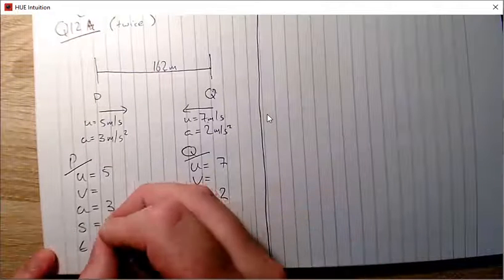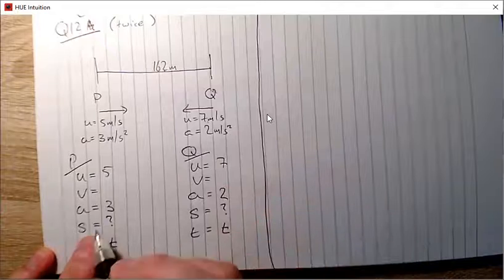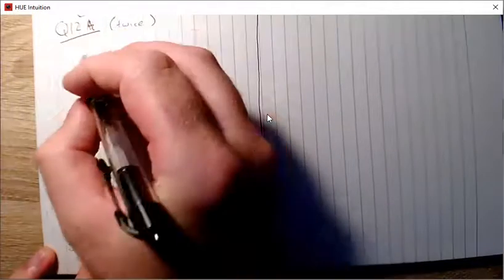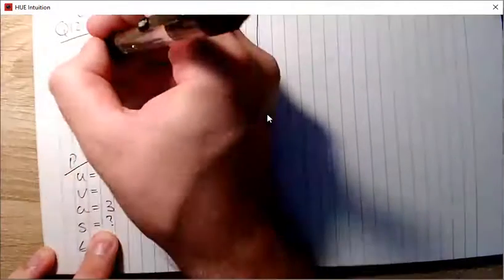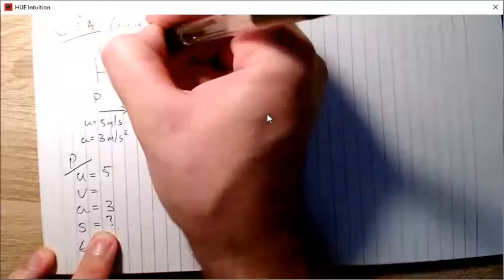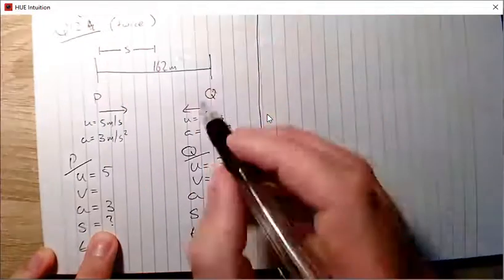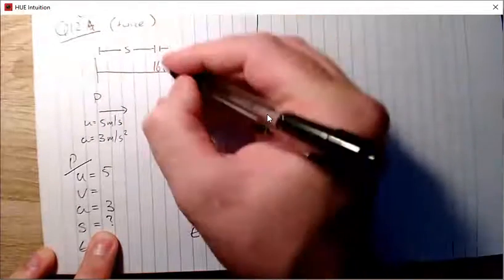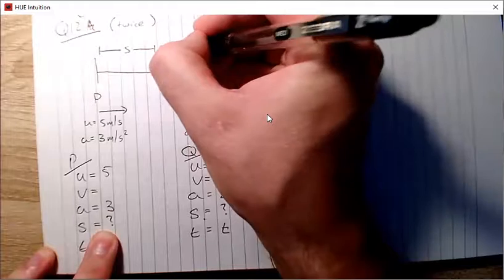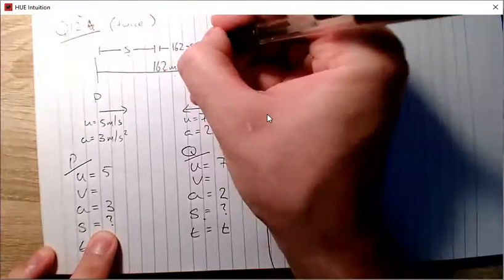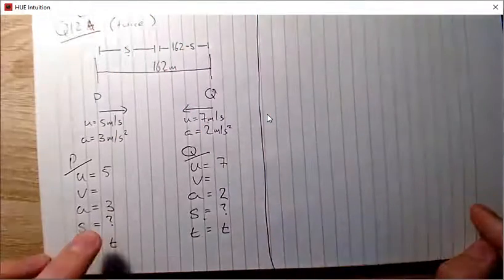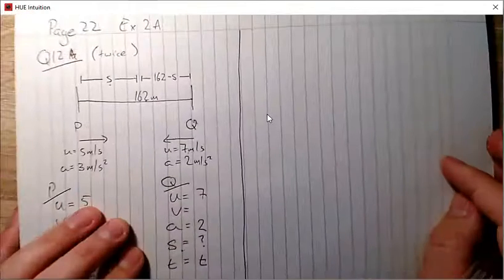And S is what we are interested in. Now, these are not the same. If P has traveled some distance S, then in that same time Q will have traveled 162 meters, take away whatever that distance is.